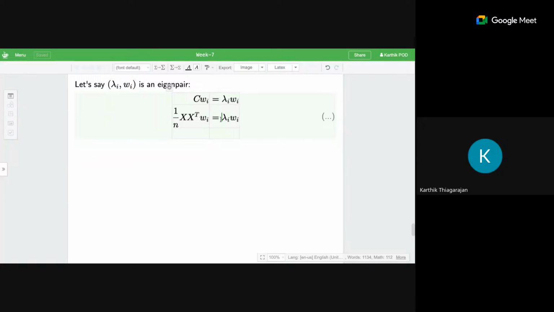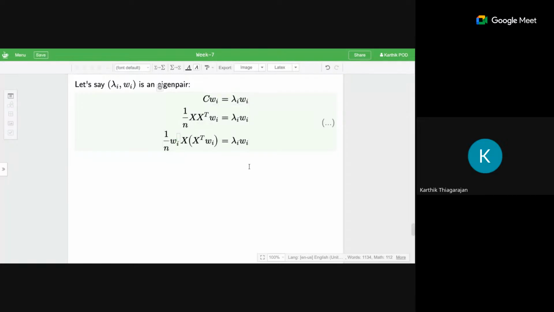You want to show that lambda is positive or non-negative, so what will help in showing that? We have to show a norm square some way. So you have to multiply by w i transpose.